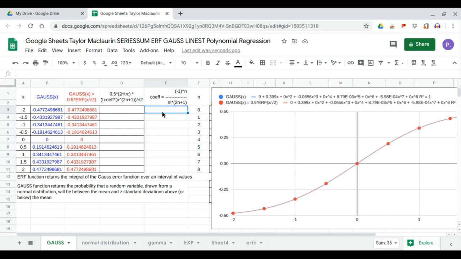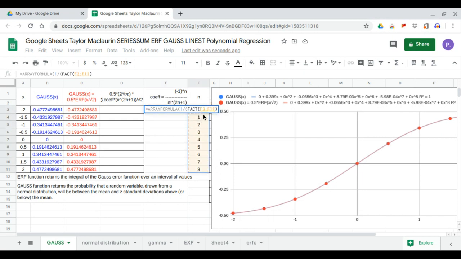So let's calculate the coefficients. We begin with the denominator. So array formula, 1 over, there are two factors in the denominator. Inside the denominator, factorial of the n values.